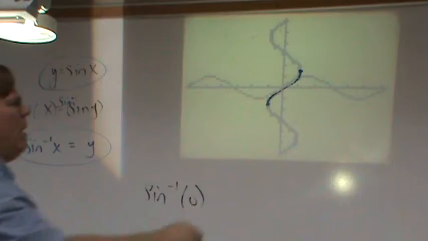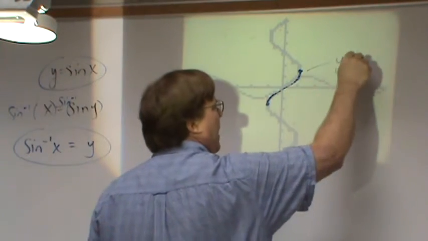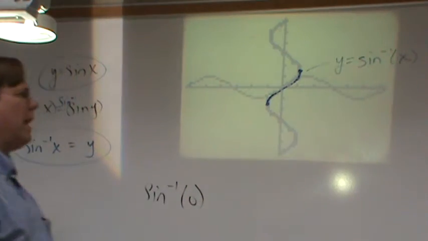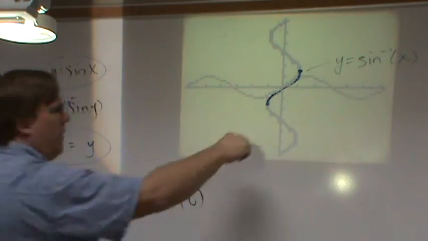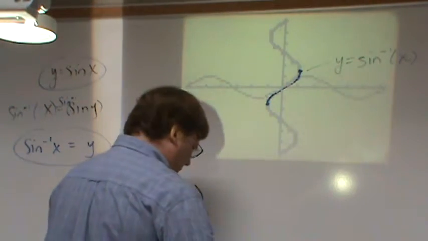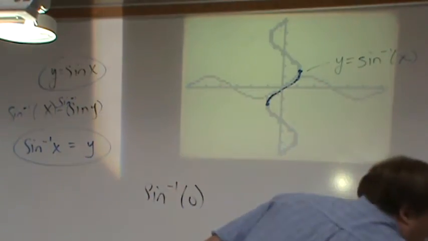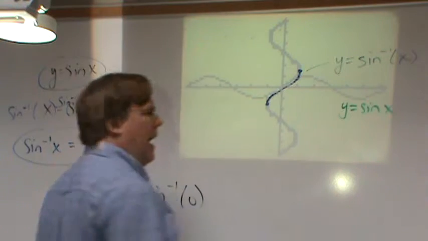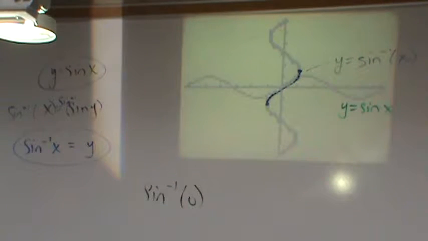And the only way that y equals the inverse sine of x gets to be a function is if y equals the sine of x, and I'll do that in green, has its domain restricted, alrighty?